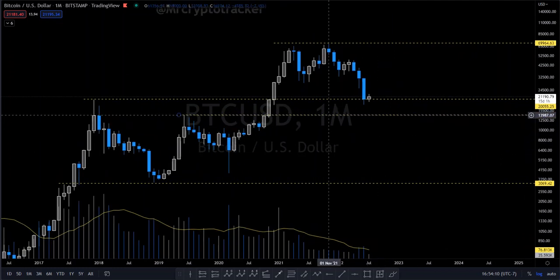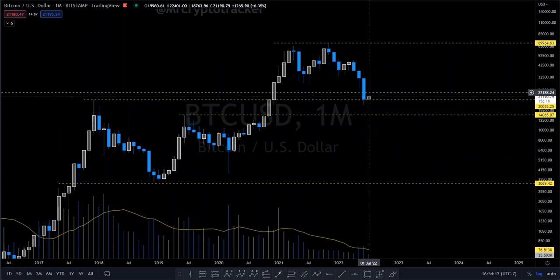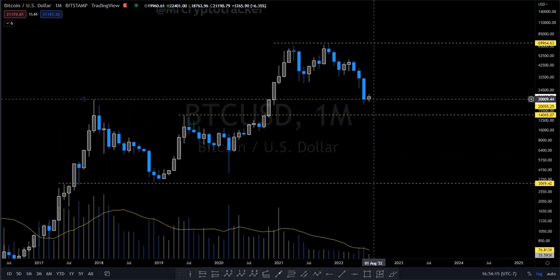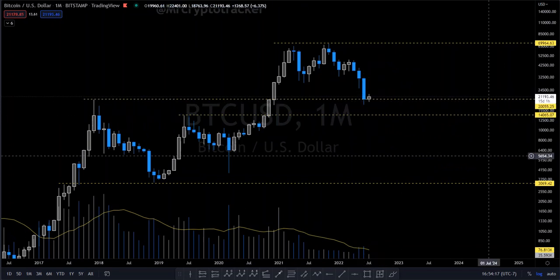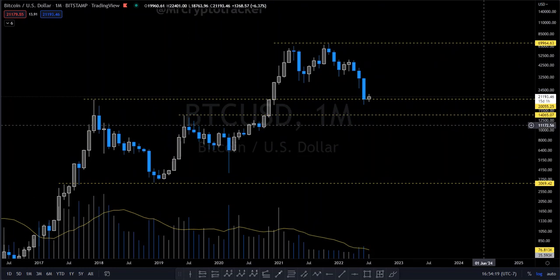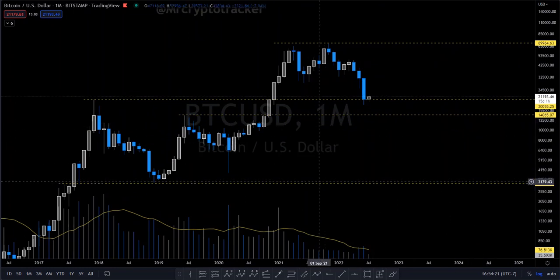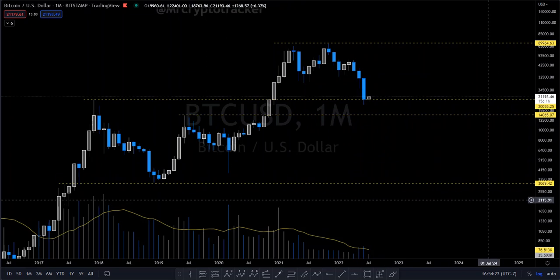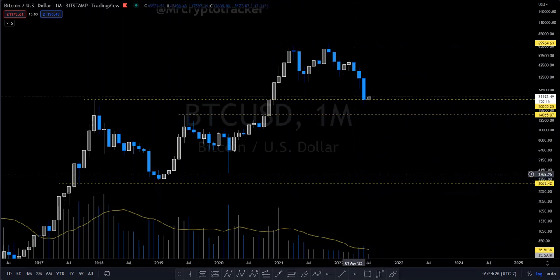Anyway, if the price cannot stay above these supports, the next support would be the 14,000 level, and the next major support is around $3,000.